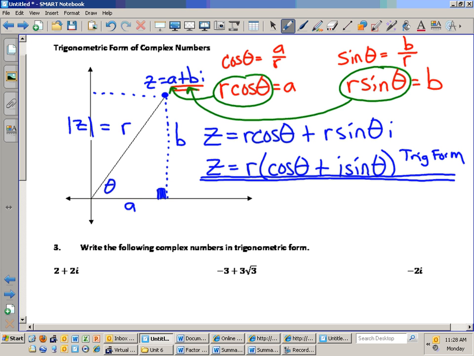So if we want to write a trig form of a complex number, we need two things. We need to know r. Any idea how we find r? R is the same, very good, by example 2, as the absolute value of z, which is the square root of a squared plus b squared.